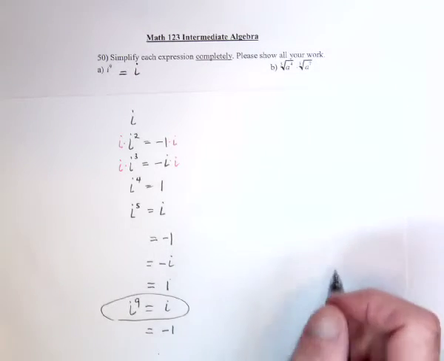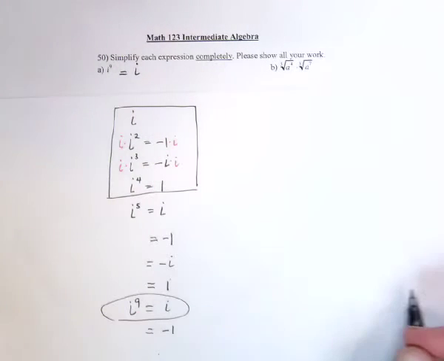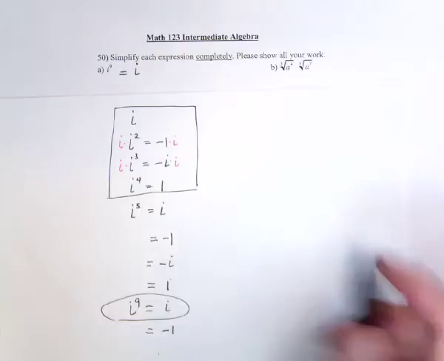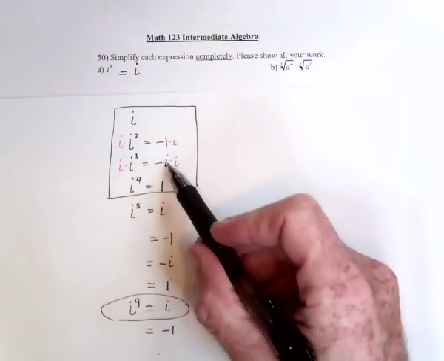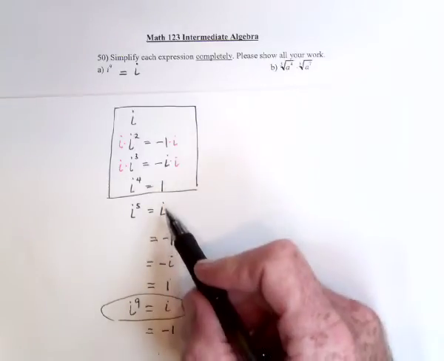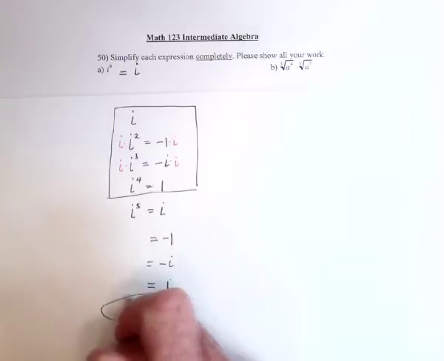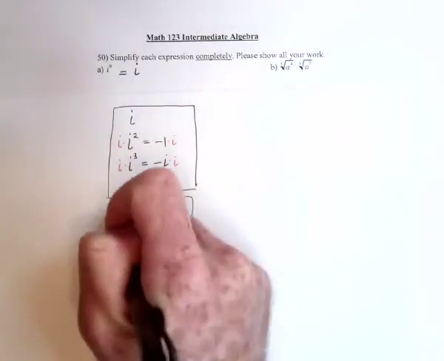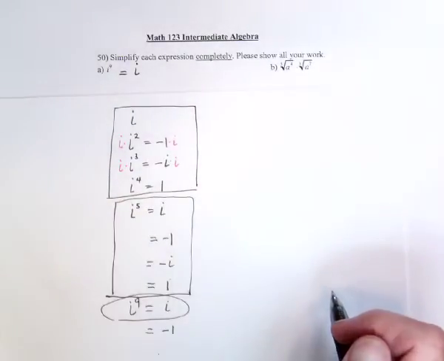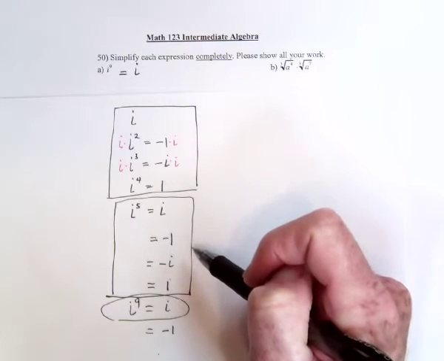Or the faster way is, because there's only 4 possible answers, i, -1, -i, and +1, then they go in blocks of 4. i, -1, -i, 1. i, etc., etc. So if you look at it as blocks of 4, then basically you just have to say, okay, how many blocks of 4 do I have?